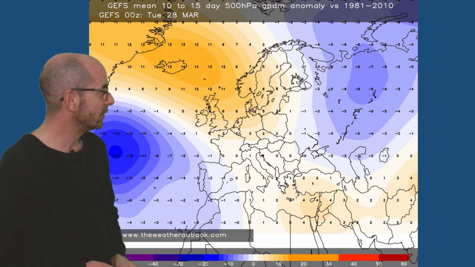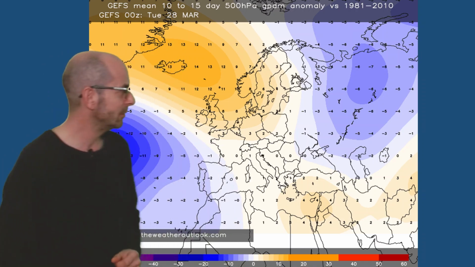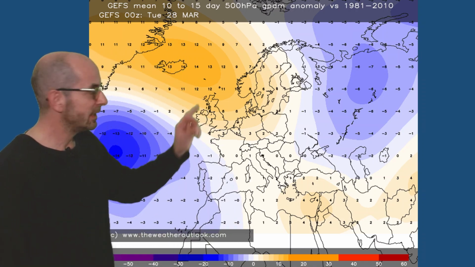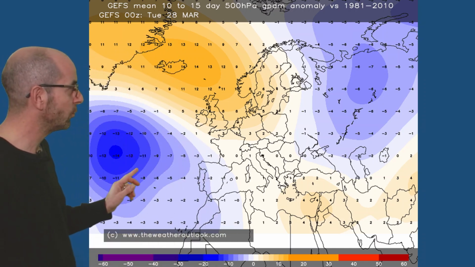Where will that high pressure area be centred? The chart here is showing the anomaly for days 10 to 15. It's not surface level pressure, but it can be thought of in similar terms. Yellows indicate a positive anomaly, so higher than average pressure. Blues, a negative one.